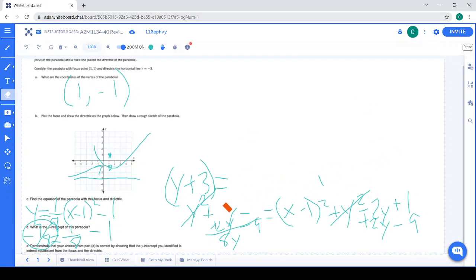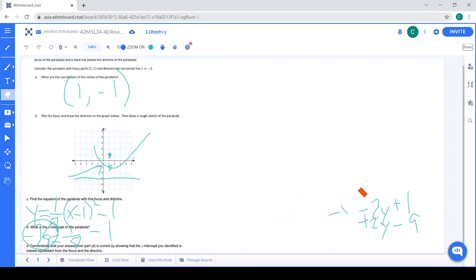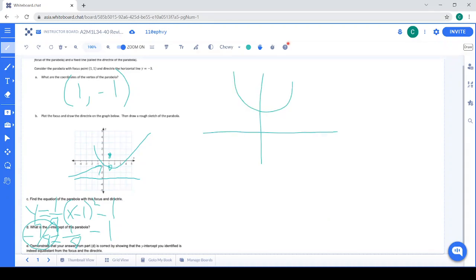Okay, so if we're going to demonstrate that, we know that the focus to any point on the parabola is equidistant from that point to the directrix. So what I mean by that, let me try and draw it, something like this. I know that any point from the focus to the directrix is going to be the same.